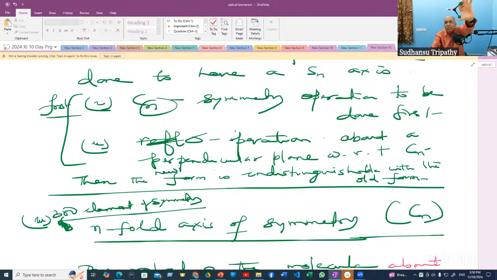Now I will make some rotation. Tell me what CN operation I will do, and then reflect across a perpendicular plane, then I will have the indistinguishable form. Tell me.